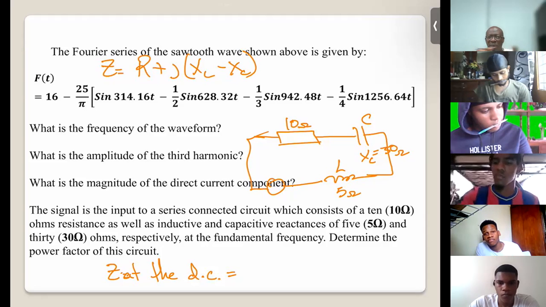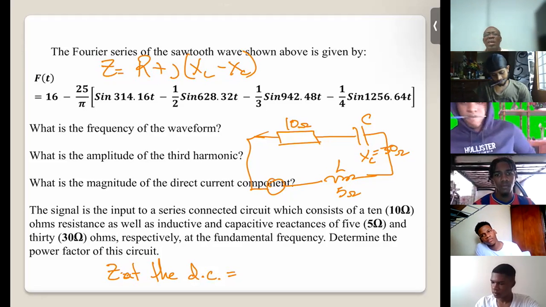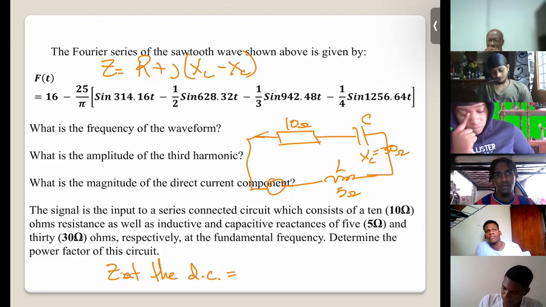And that, gentlemen and ladies, is one of the applications of capacitance. It blocks DC, but it allows AC to pass. All the capacitor will do with your DC is charge, and then there's no further current flow. So it blocks DC, but it allows AC to pass.